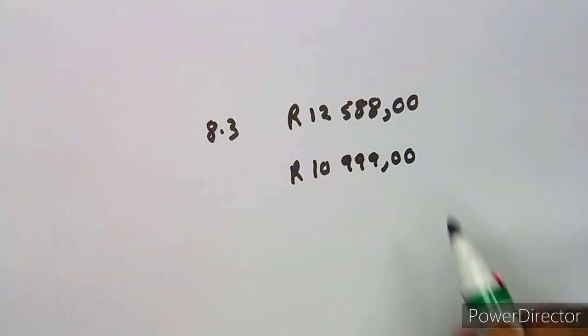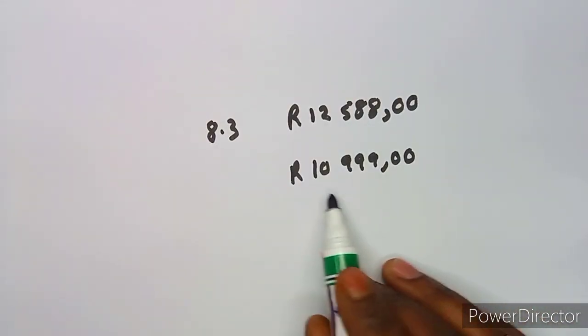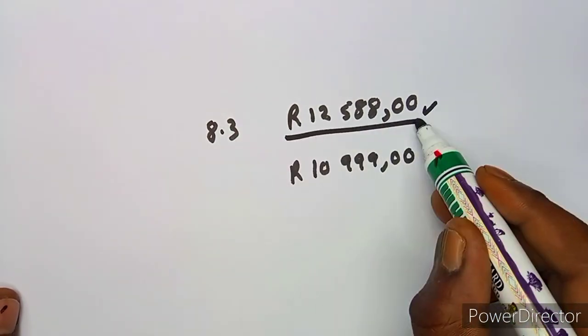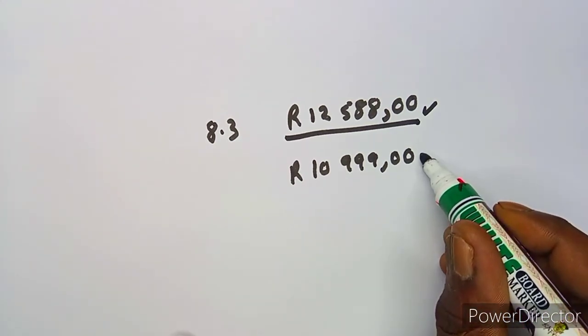So that is the price now. Then the question is, what percentage of money did Tabo save from what he had? He wanted to buy this, which means this is what he has in his pocket, but when he's reaching there, he's now finding it at this amount.